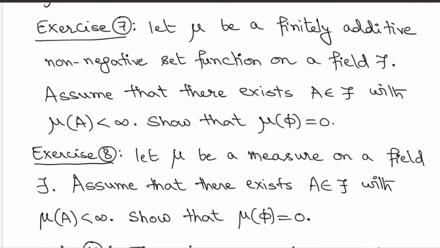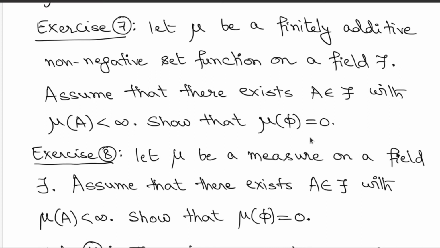But the same result follows: you assume that there exists a set A in the field with the measure of the set being finite. Then, using the exact same structure of the argument, you can show that the measure of the empty set must be 0. So again, here you can take a finitely additive non-negative set function, or you can take a countably additive non-negative set function.